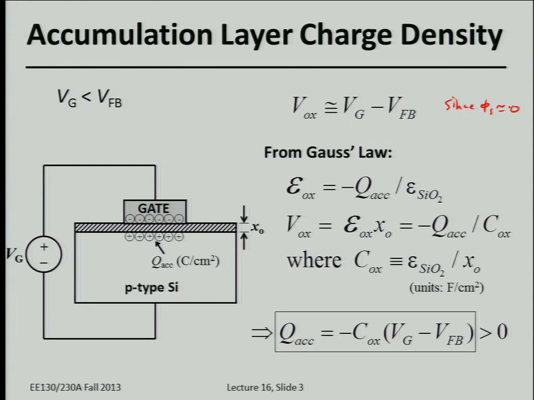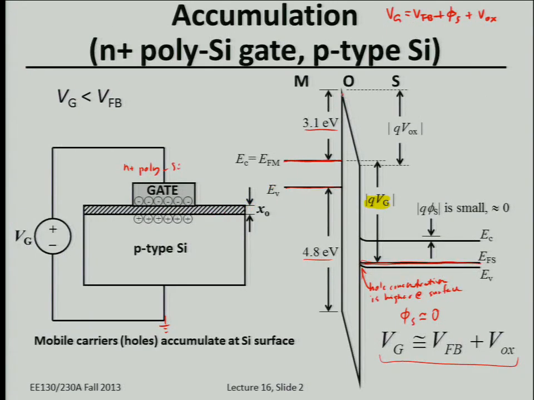From Gauss's law, if we want to know the strength of the electric field in the oxide, E sub ox, remember the energy band diagram in the oxide is just a straight line, because the electric field in the oxide is assumed to be constant throughout the oxide.